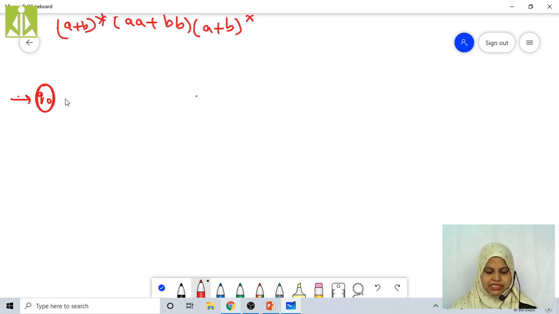A plus b whole star means how you are going to take this a plus b whole star.